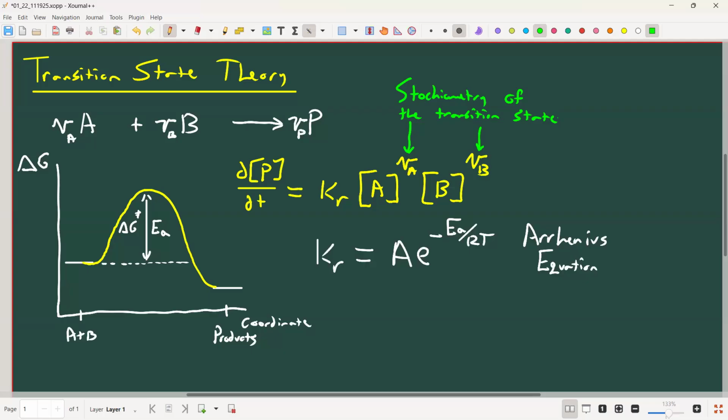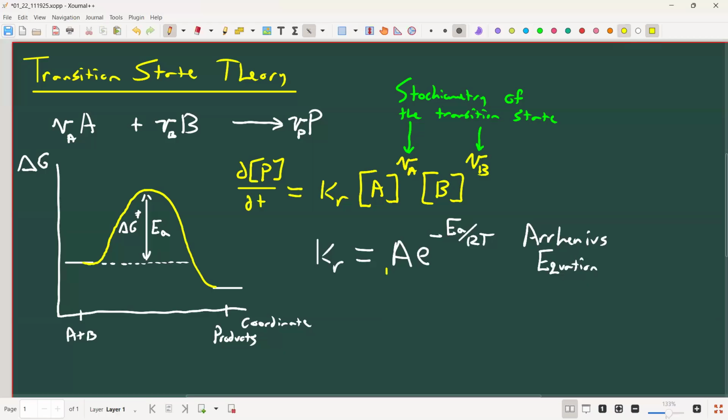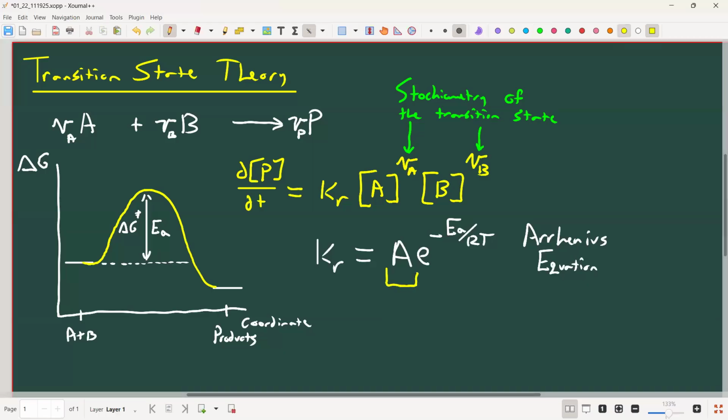Well, the important thing is that Ea is a fixed number. It's something intrinsic about the molecules, independent of the conditions, molecular stability. So it's not there. It's not in T, obviously. Temperature is independent from pressure by definition. So it has to be in A, that prefactor. It controls all the temporal aspects.